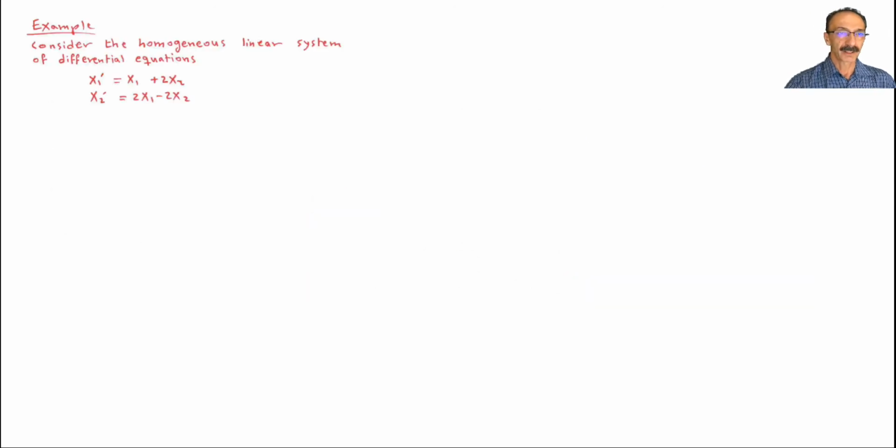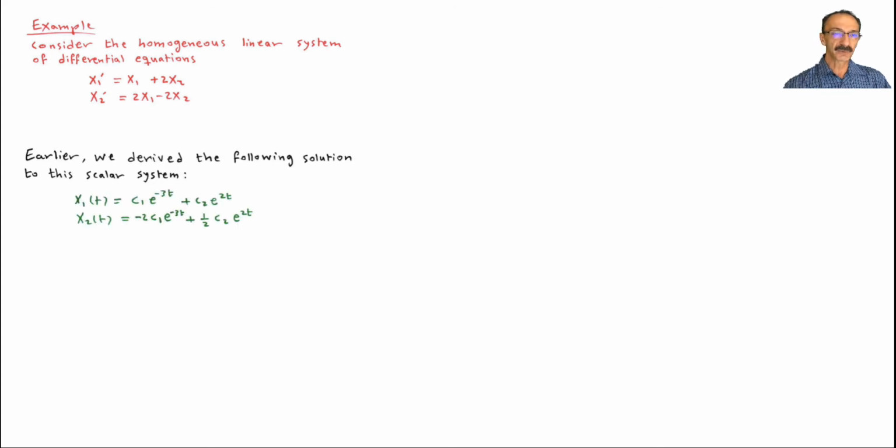Example. Consider the homogeneous linear system of differential equations written as x1 prime equals x1 plus 2x2 and x2 prime equals 2x1 minus 2x2. Earlier we derived the following solution from the previous section, if you remember, to this scalar system.